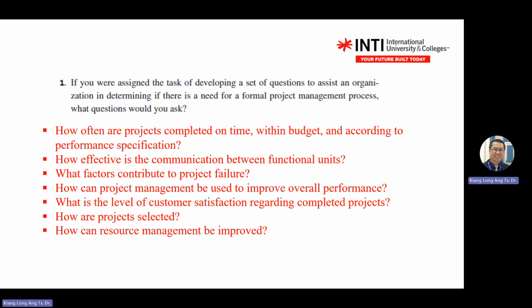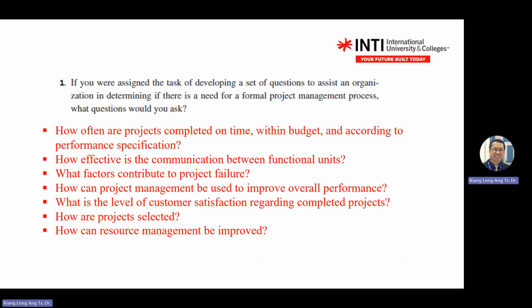So you can see you ask the question whether the project can be completed on time, within budget, or money, or cost, according to performance spec. So this is the first question when you handle projects or you come across a question regarding project management.